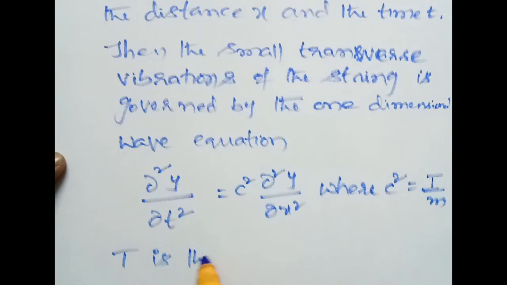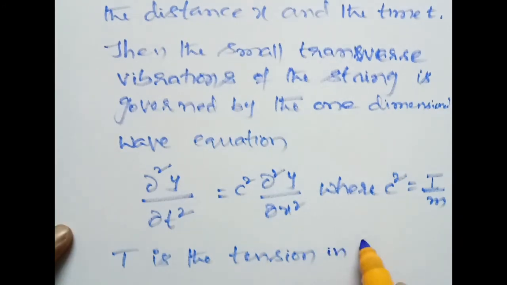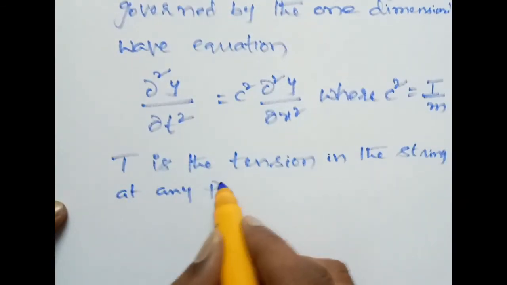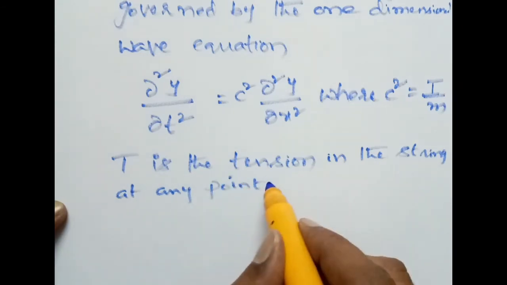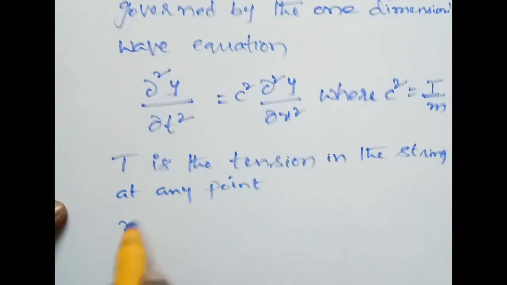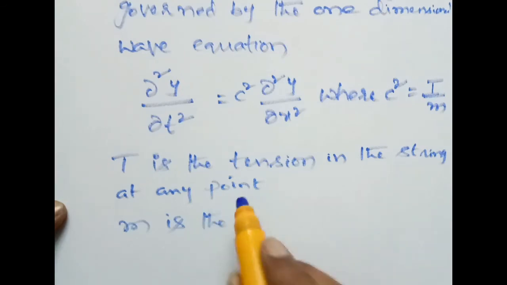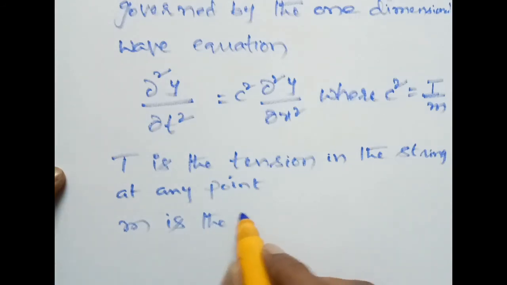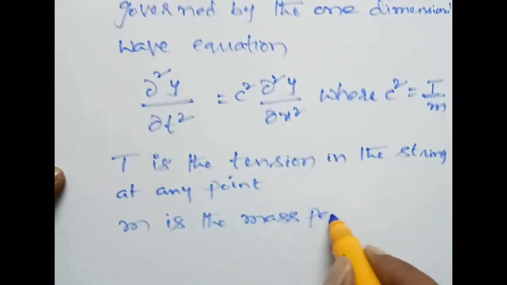T is the tension in the string at any point, and m is the mass per unit length of the string.